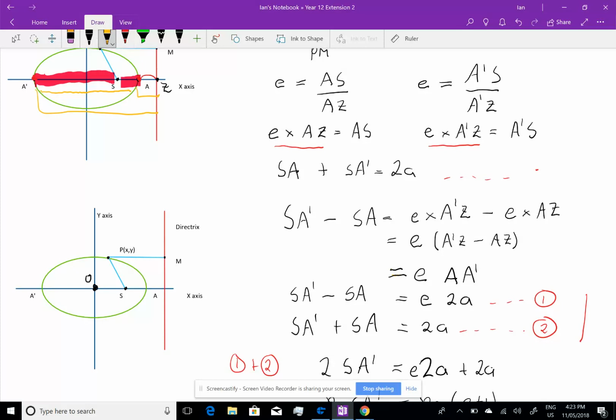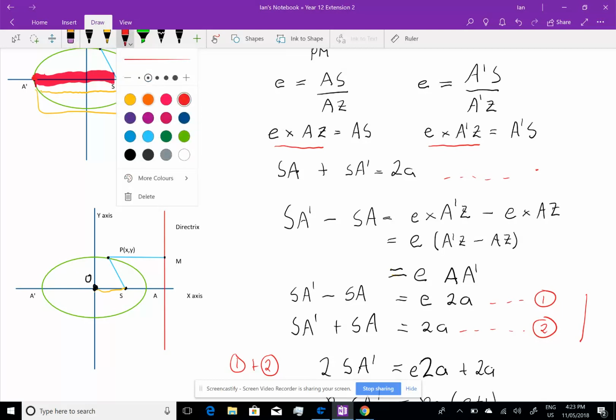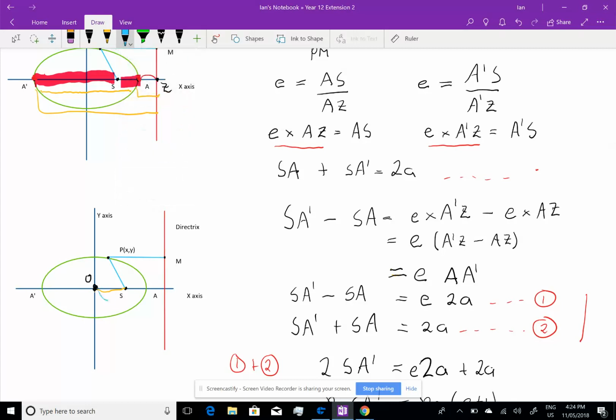Now OS is going to equal OA minus SA. And that'll give us OS. Watch again. OS, I'll use a different colour. That distance is going to equal that distance minus that distance.